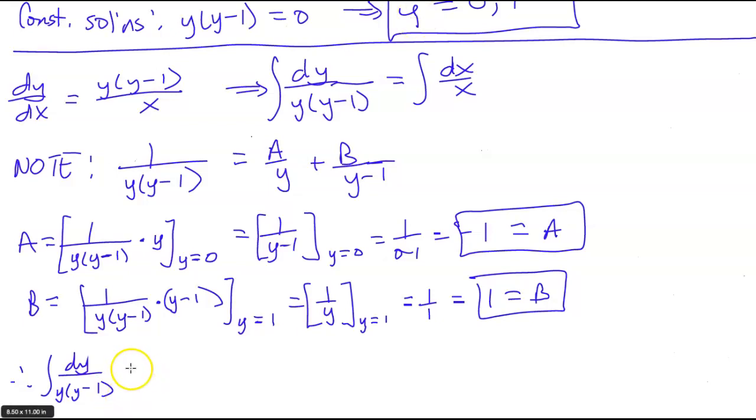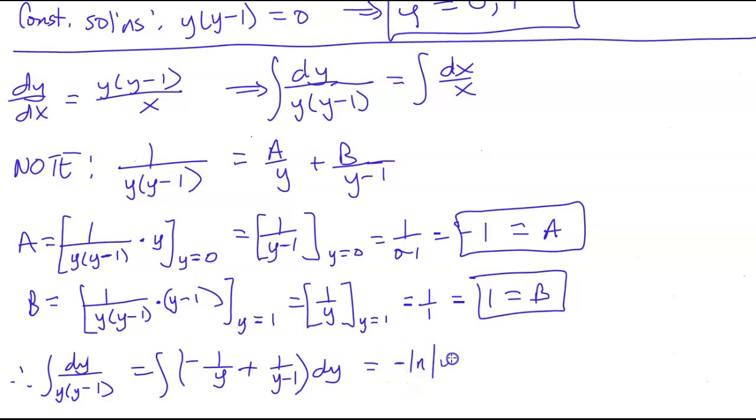So we take this and we can just rewrite it as -1 over y plus 1 over y minus 1. And we take the antiderivative for both of those. And so for the first one, this would be a minus natural log of absolute value of y.